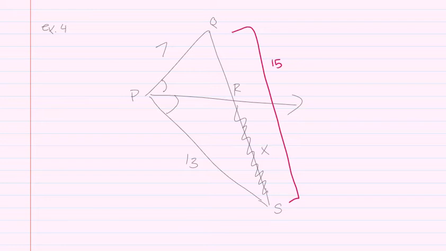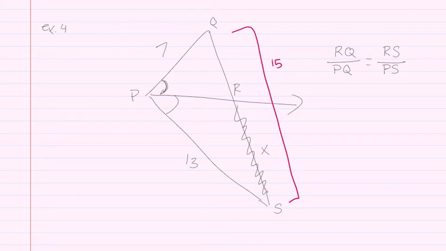So what 6.7 said was that if I have an angle bisector, which I do, and it cuts the opposite side into proportional pieces. So I could have RQ over PQ, RQ over PQ, and that would equal RS over PS.